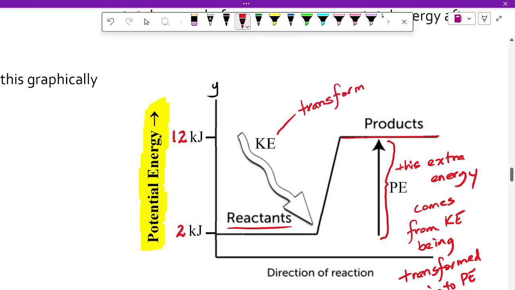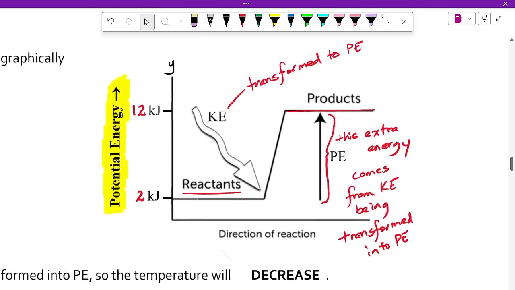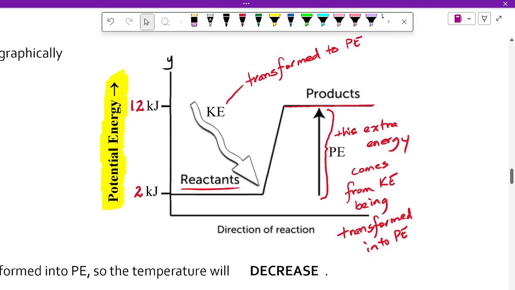Is it possible to tell if it's going to be kinetic energy used or not? You need to either have a graph or an equation or a change in enthalpy, which is what we call the change in potential energy. So you have to be given something about the question, okay? So eventually when we draw these, we're not going to draw the little squiggly kinetic energy going in arrow, all right?